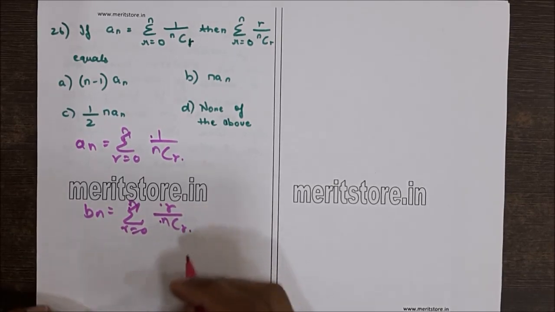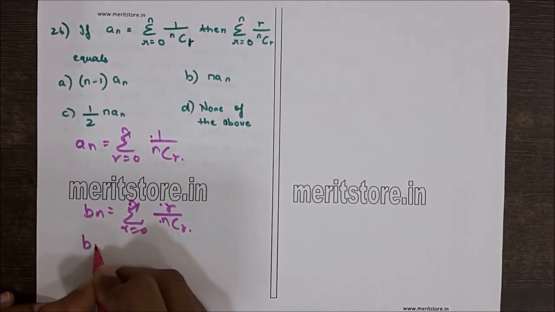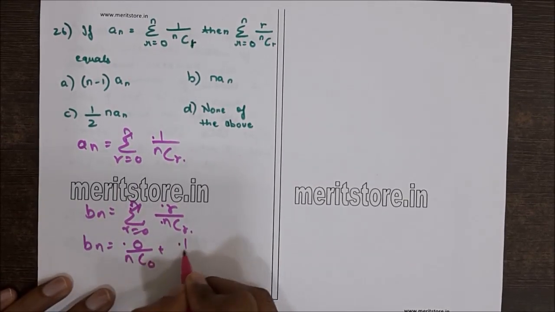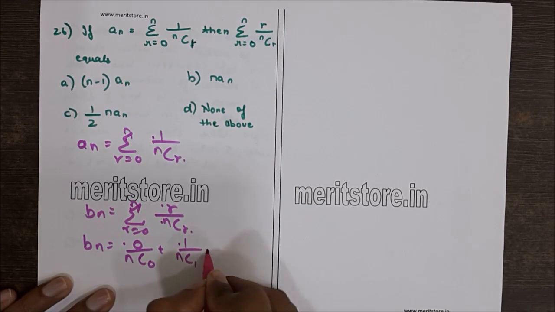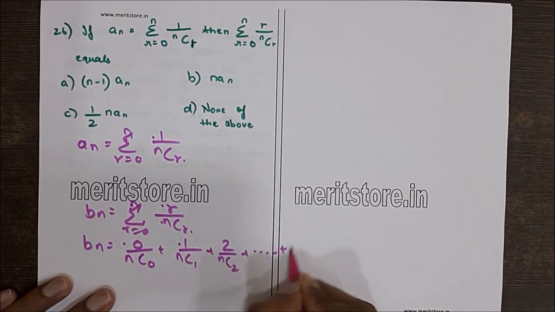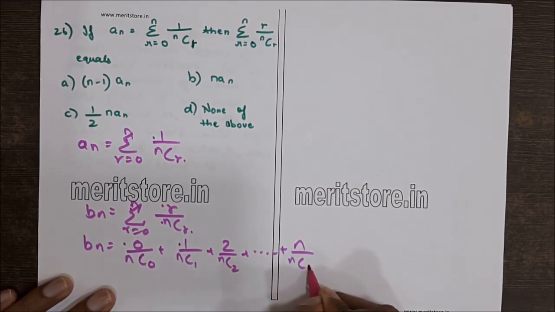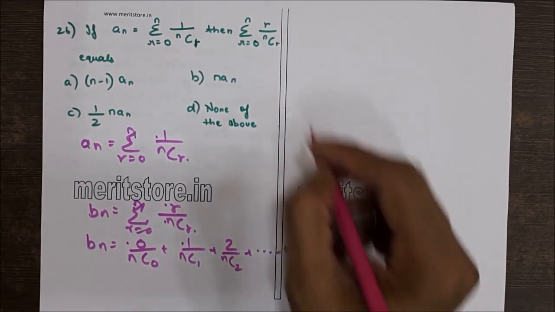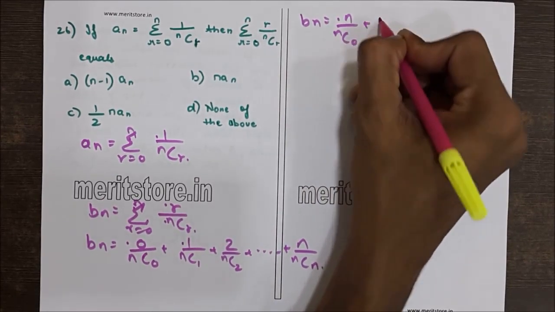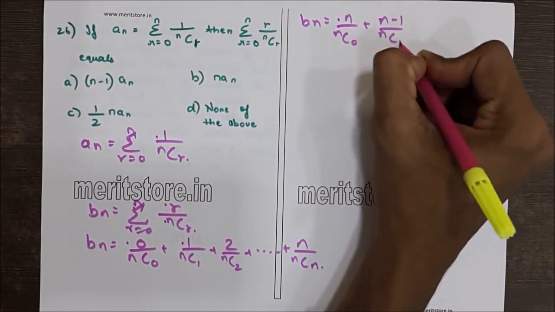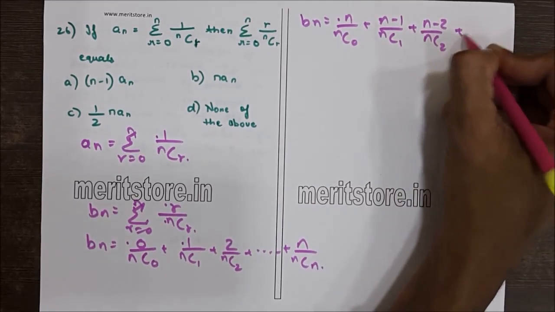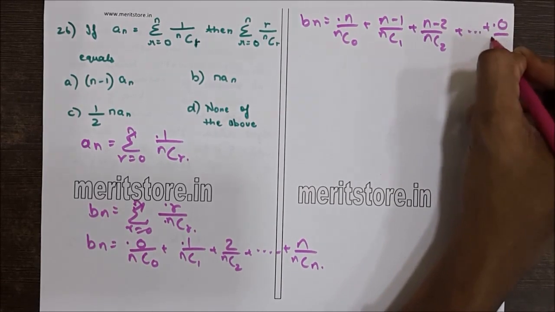So further, Bn can be written as 0 upon nC0 plus 1 upon nC1 plus 2 upon nC2 and continue up to n upon nCn, and Bn can also be written as n upon nC0 plus (n minus 1) upon nC1 plus (n minus 2) upon nC2 plus continuing up to 0 upon nCn.